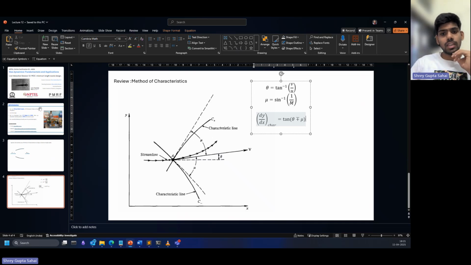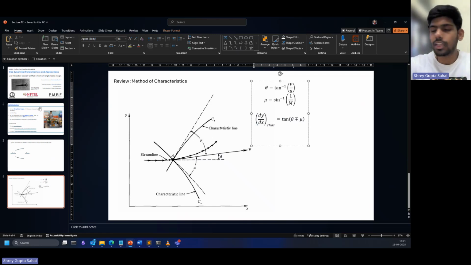So what we see is there are two characteristic lines. If you face in the streamwise direction, you will see one characteristic line on your left and one on your right.